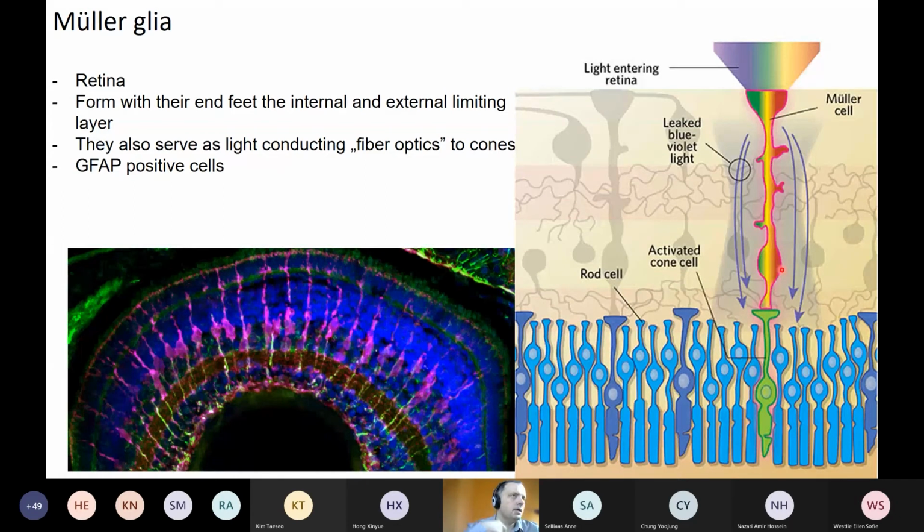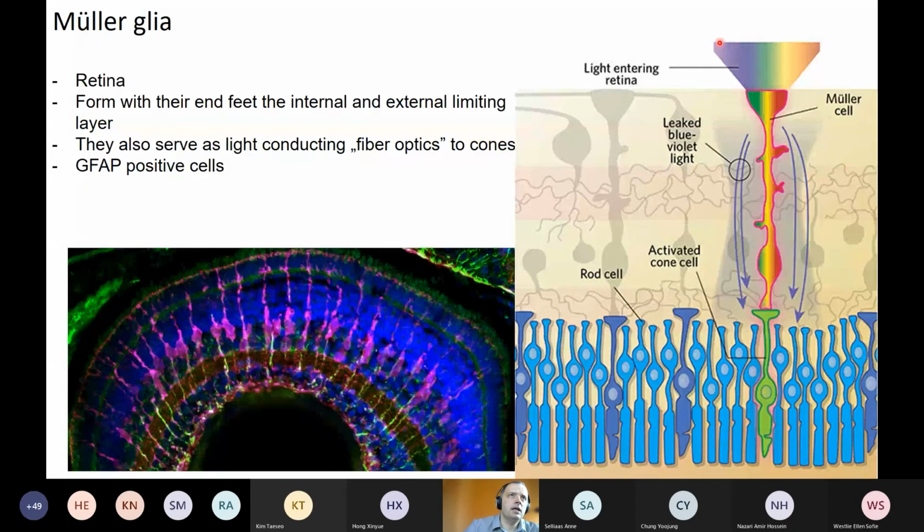A few years ago, it was discovered that the Müller glial cells, besides the typical astrocyte functions, also have a very funny and tricky significance, namely that they help conduct the light towards the cones, because they work as fiber optics.